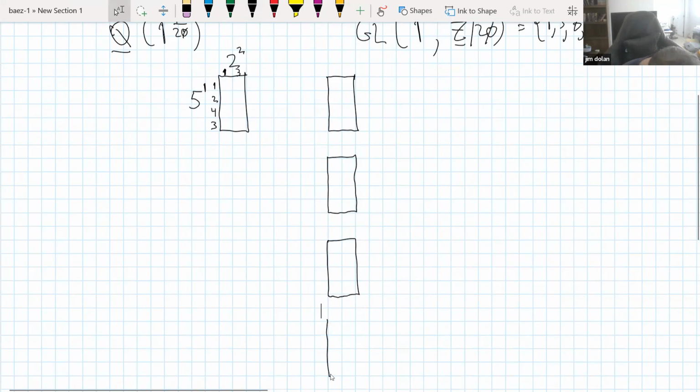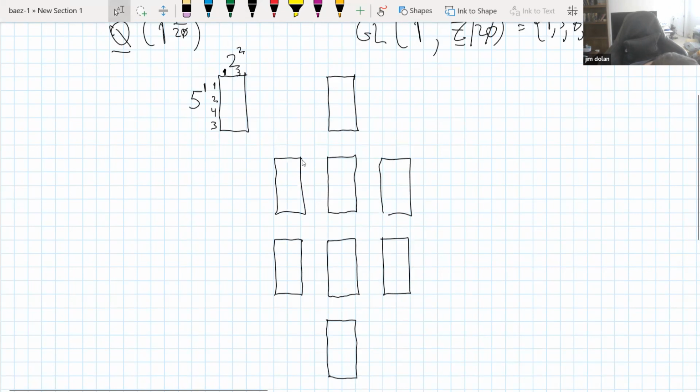So that's a guide to getting the picture to work. The smallest subgroup corresponds to the biggest field. The biggest subgroup corresponds to the smallest field.